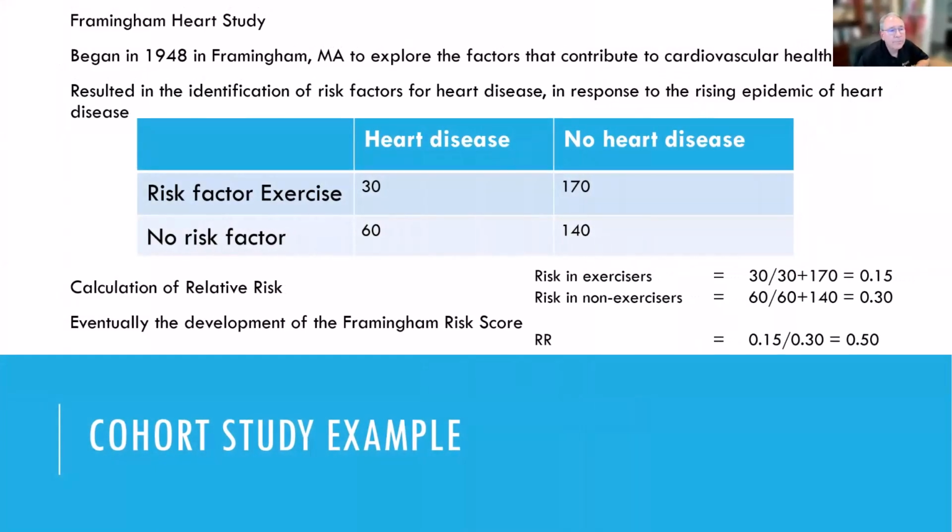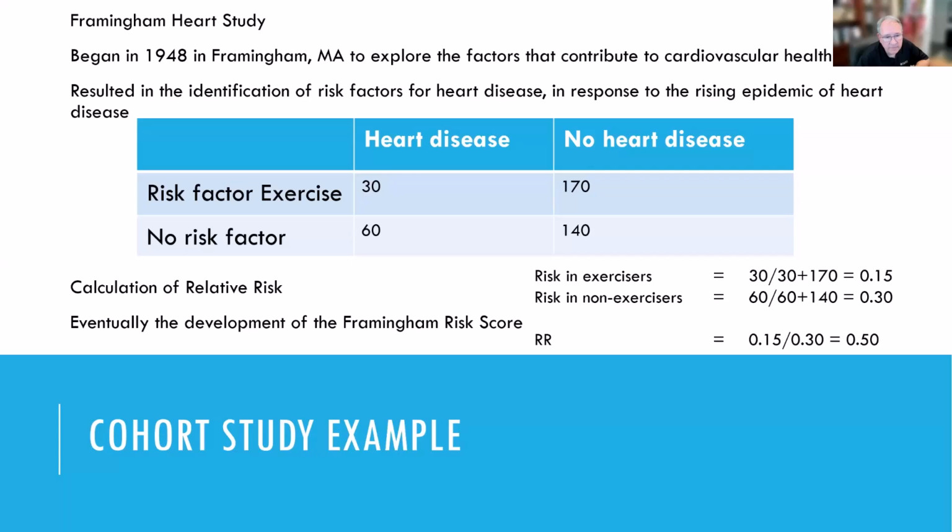Okay, so the Framingham Heart Study began in 1948 in Framingham, Massachusetts, to explore factors that contribute to cardiovascular health. It resulted in the identification of risk factors. This is where the concept of risk factors began, in response to the rising epidemic of heart disease.